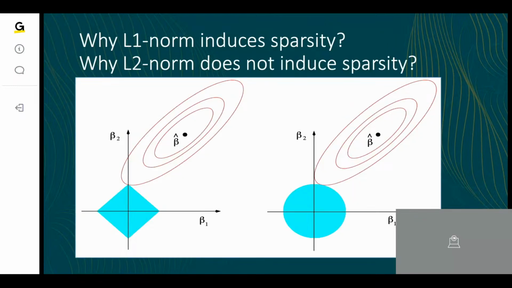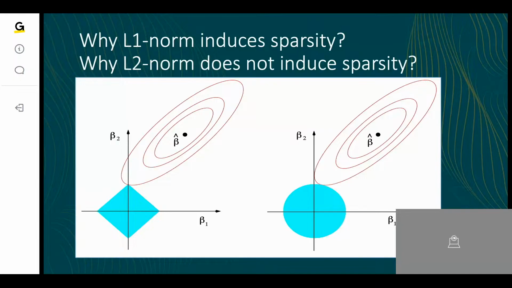So if you were to consider this optimization problem in a two-dimensional plane, these red lines are showing you the squared loss term. Anywhere on a particular red line, you have the same squared loss. That's the first term in your overall loss function.